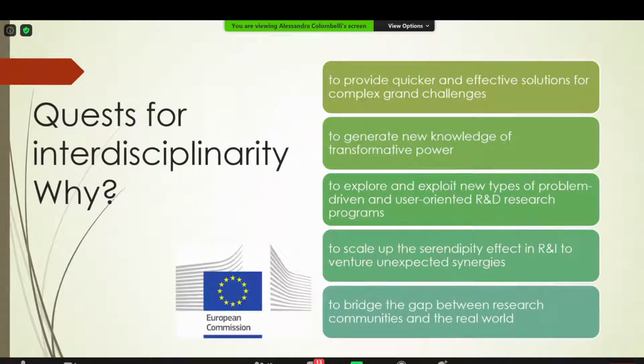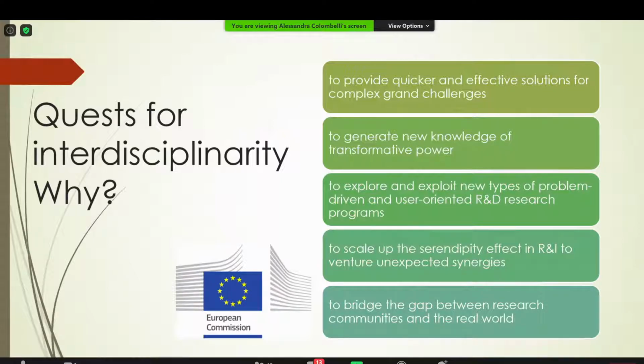So interdisciplinarity is a key priority for the EU research and innovation policy, and it is a general objective of all H2020 projects according to the European Commission. But why?